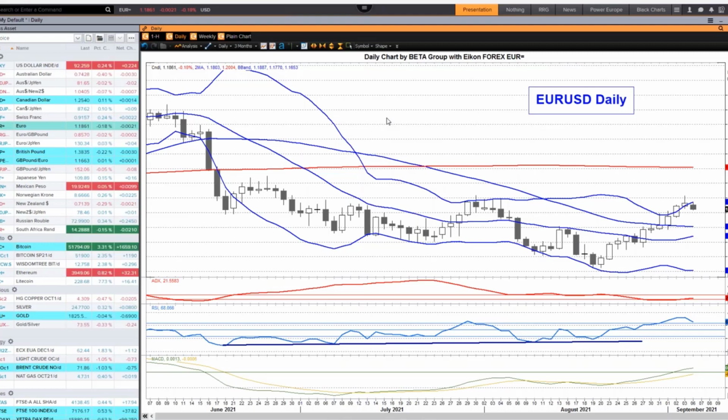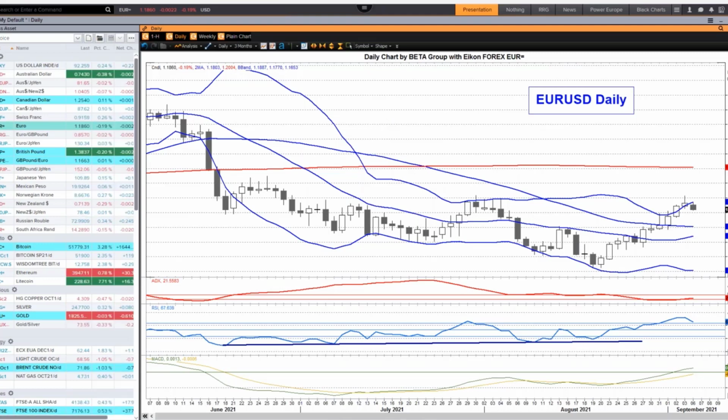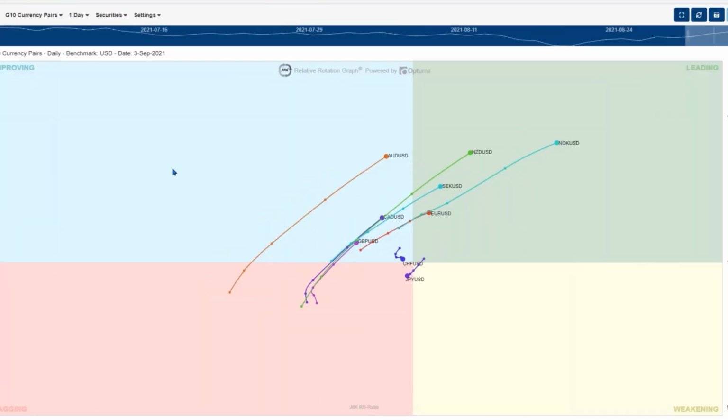Well, we start the week with some action, but let's look at the relative rotation graph of the currencies first of all. So most of you will be familiar with this graph. This is the US dollar in the middle, in the crosshair here. All the currencies on the right-hand side of this 100% vertical here are outperforming the dollar.